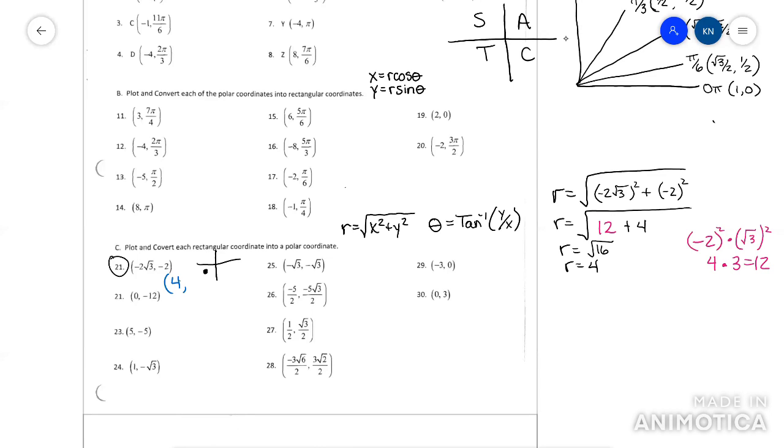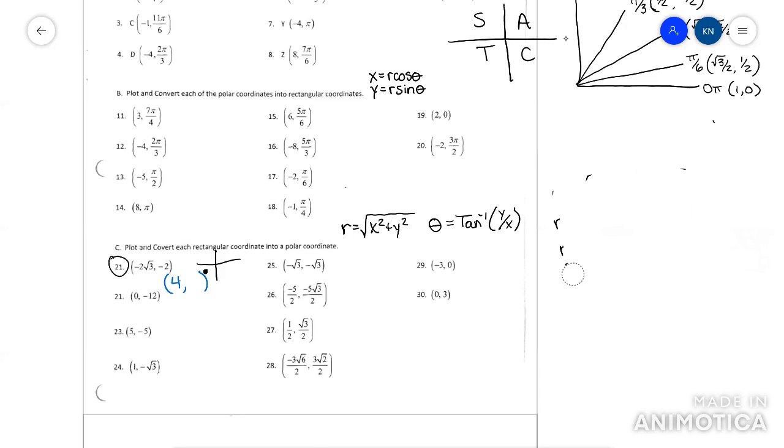Now, you still need to find your theta, and this is the hard part. So basically, you run inverse tan of the y over the x, so negative 2 over negative 2 root 3. You're going to need to reduce this.